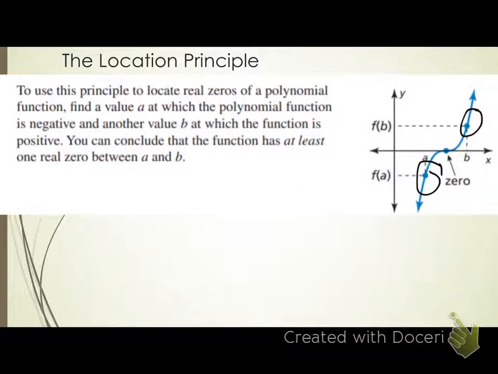If I plug in a value and get a negative number, and plug in a value and get a positive number, those are both going to be on the graph of my polynomial function. If I'm connecting those points, it's going to have to cross the x-axis somewhere to connect a point that's negative and a point that's positive. So I know I'm going to have at least one real zero because it's going to cross my x-axis.